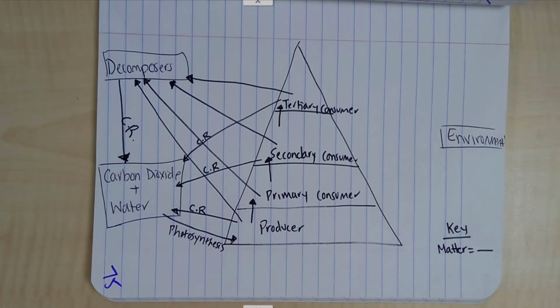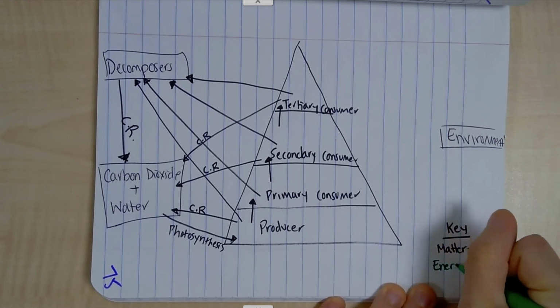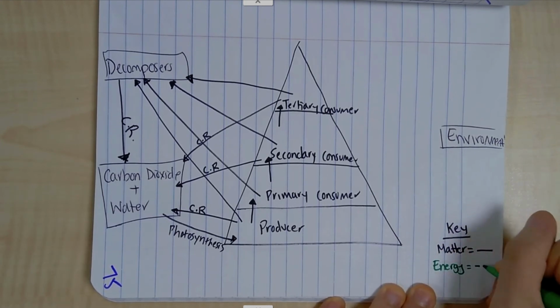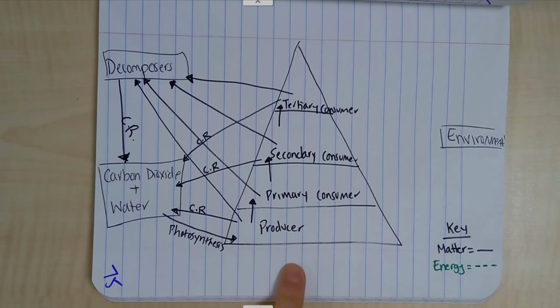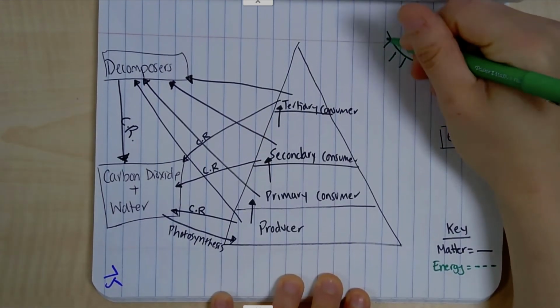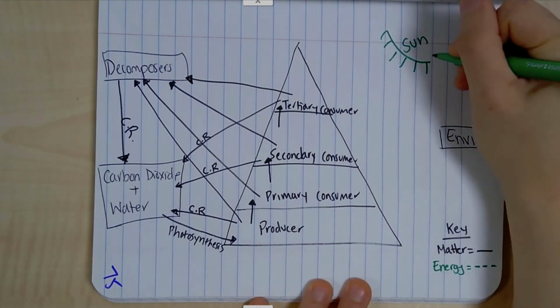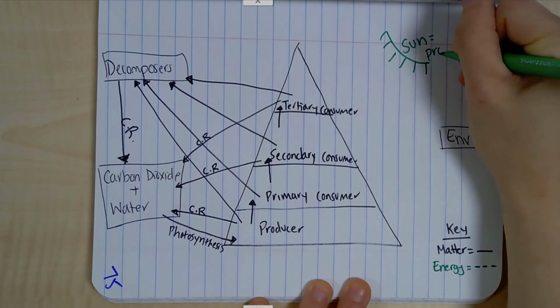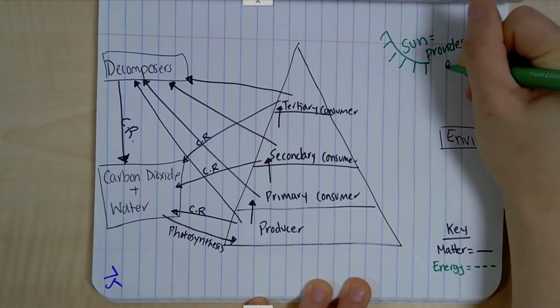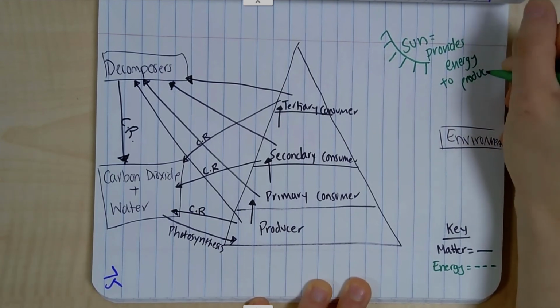Now let's look at possibly our energy. So I'm going to have energy represented by this, and you could put it down below or you could put it up above. I'm going to put it up above just because I want to make it a little bit simpler. So I'm just going to say the sun provides energy to producers.